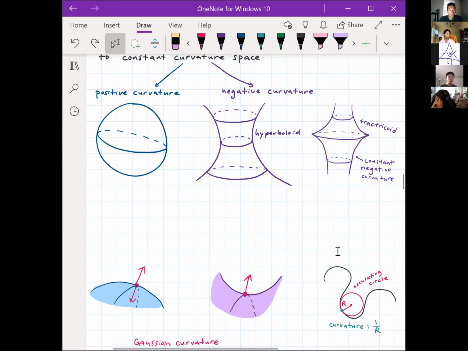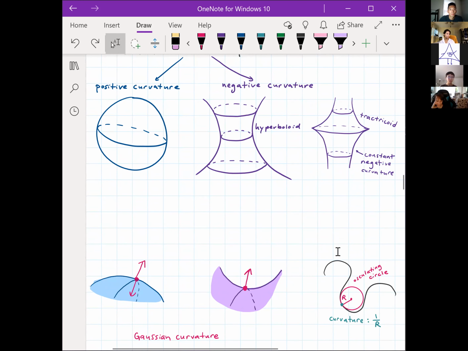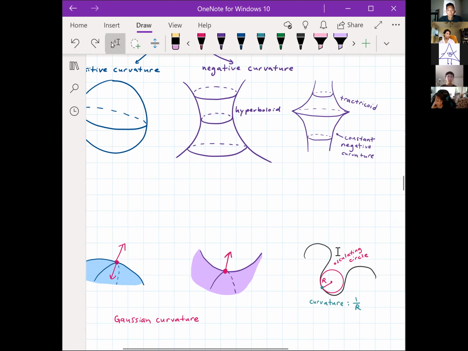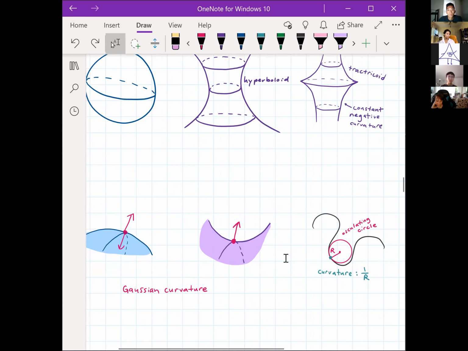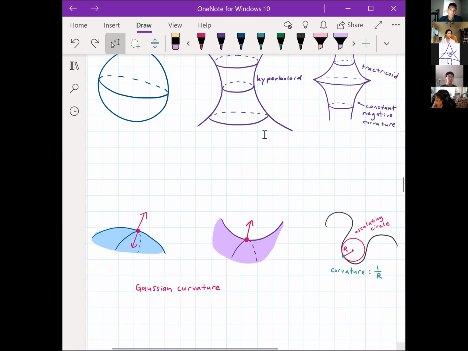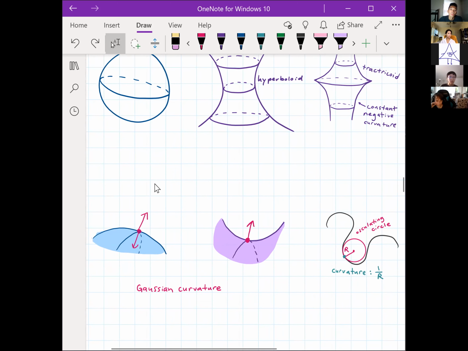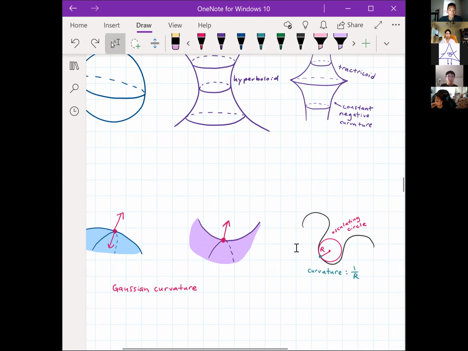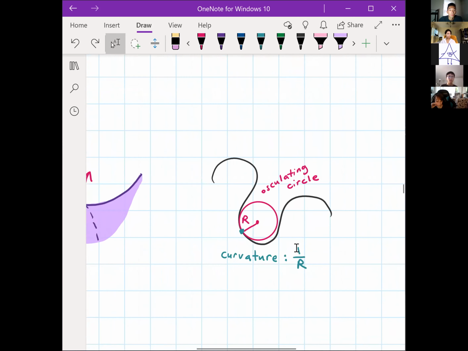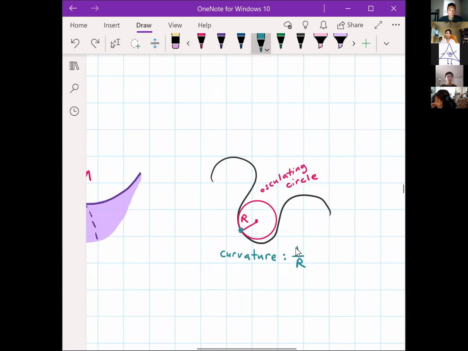So I just want to talk a little bit about what curvature is. When I'm talking about curvature of these spaces, I'm talking about Gaussian curvature. First, to define Gaussian curvature, we need to talk about the curvature of just a curve.